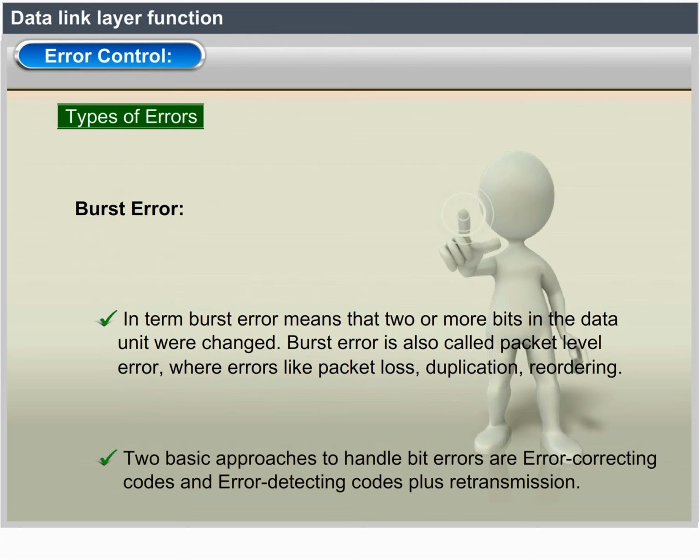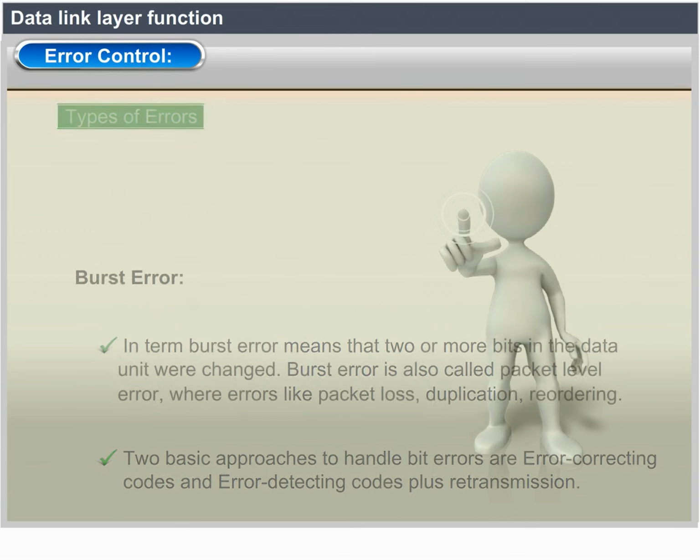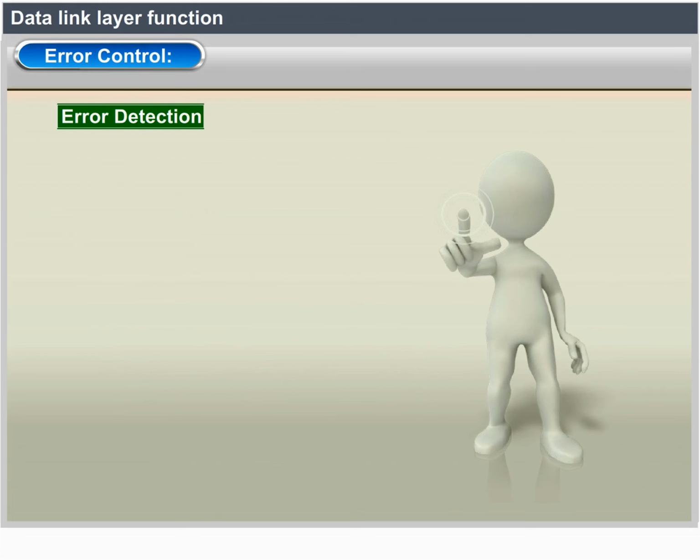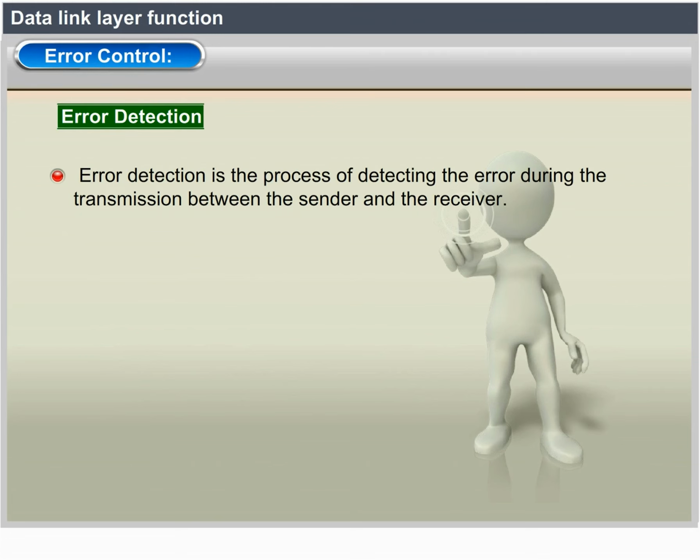Two basic approaches to handle bit errors are error correcting codes, and error detecting codes plus retransmission. Error detection. Error detection is the process of detecting errors during the transmission between the sender and the receiver.